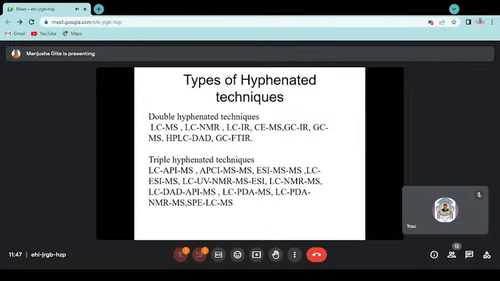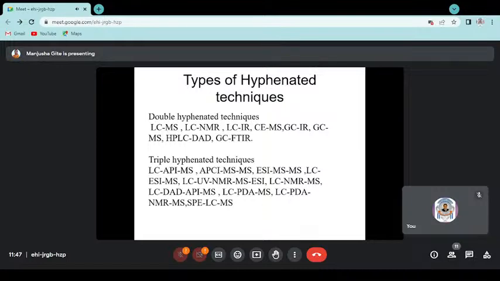Then CE-MS, that is capillary electrophoresis, used as a separation technique, and mass spectroscopy as the spectroscopic technique. Then GC-IR, gas chromatography coupled with IR spectroscopy. GC-MS, HPLC-DAD, that is HPLC, a separation technique, and diode array detector, the detector technique or spectroscopic technique. Then GC-FTIR. These are the double hyphenated techniques.